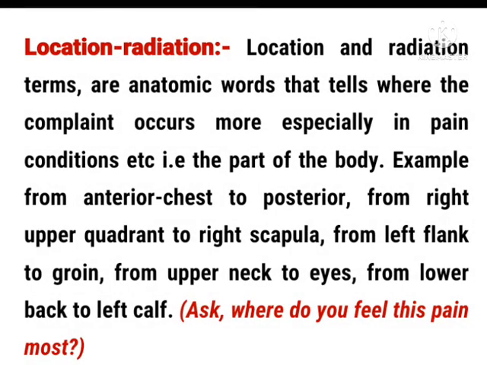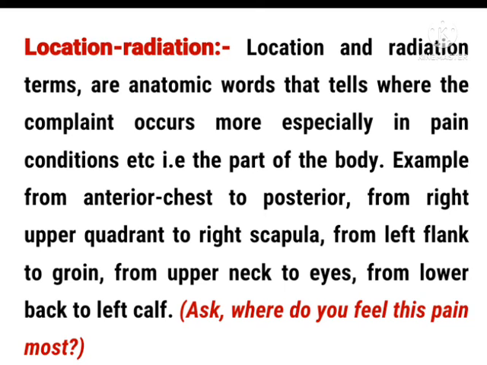Then lastly, location and radiation. This one has to do mostly with pain. You ask, where do you feel this pain most? That is location and radiation. In acute abdomen conditions, such as rupture of the pancreas, twisted intussusception, or ruptured appendicitis, at first it is unlocalized, then as time progresses it localizes in the inguinal region.